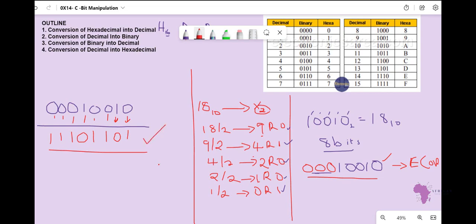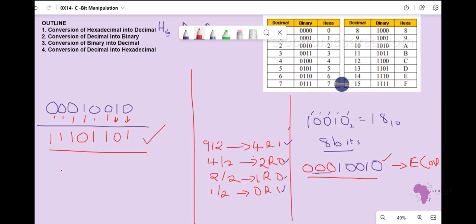But what next? We want to convert this answer to hexadecimal. When we convert this answer into hexadecimal, we will be able to get our answer there. First of all, we need to understand the basis of this one. Each of them has its own base.